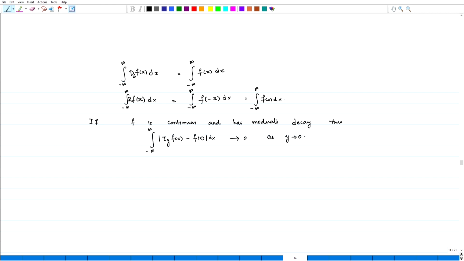So, now f is continuous; therefore, on −n to n, f is uniformly continuous.